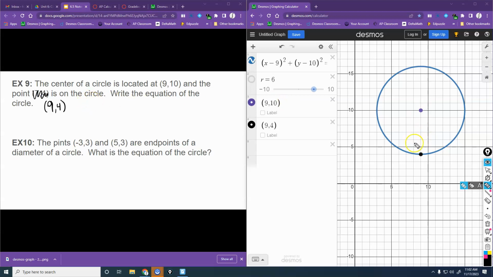So since my radius is 6, my equation of the circle would be x minus 9 squared plus y minus 10 squared equals 6 squared, which is 36.